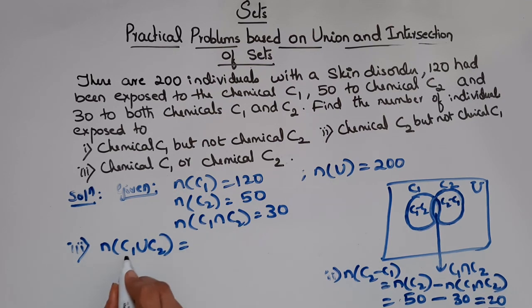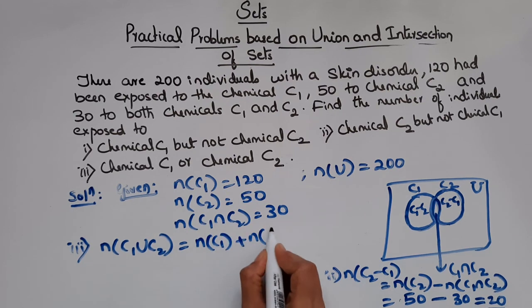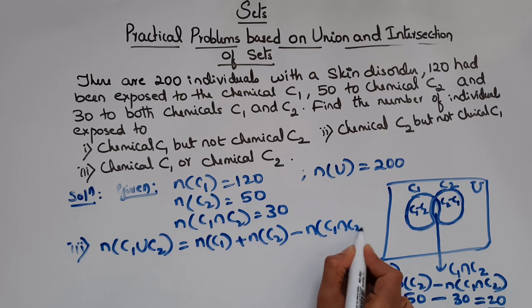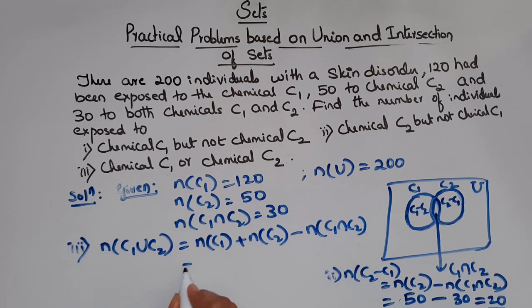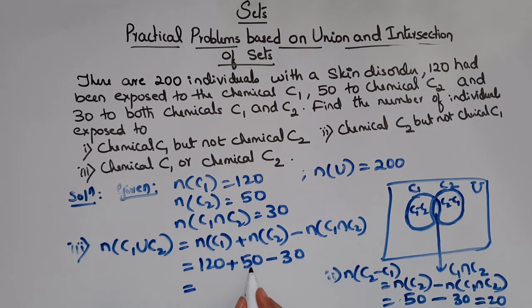We know N of A union B is N of C1 plus N of C2 minus N of C1 intersection C2. We know this formula, right? This is equal to C1, 120, plus N of C2, 50, minus the intersection, 30. 120 plus 50 is 170. So 170 minus 30 will give you 140. Therefore 140 people are exposed to any of the chemicals C1 or C2.